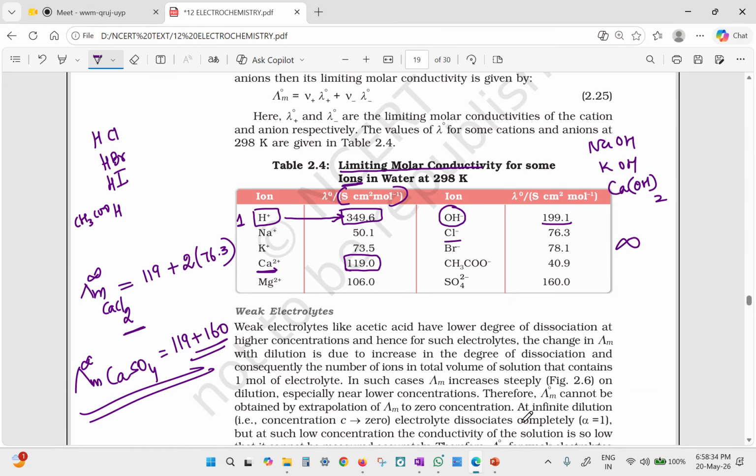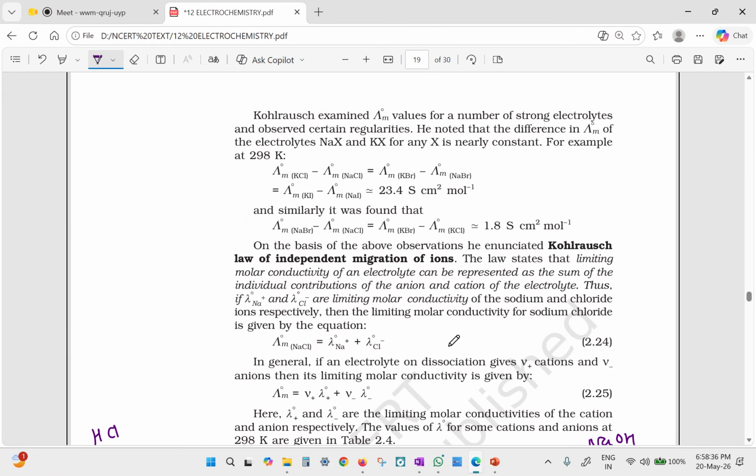What is Kohlrausch's law? Kohlrausch's law of independent migration of ions states that the limiting molar conductivity of an electrolyte can be represented as the sum of the individual contributions of the anion and the cation of the electrolyte. Because these values are independent and unique, they are not dependent on the surroundings.